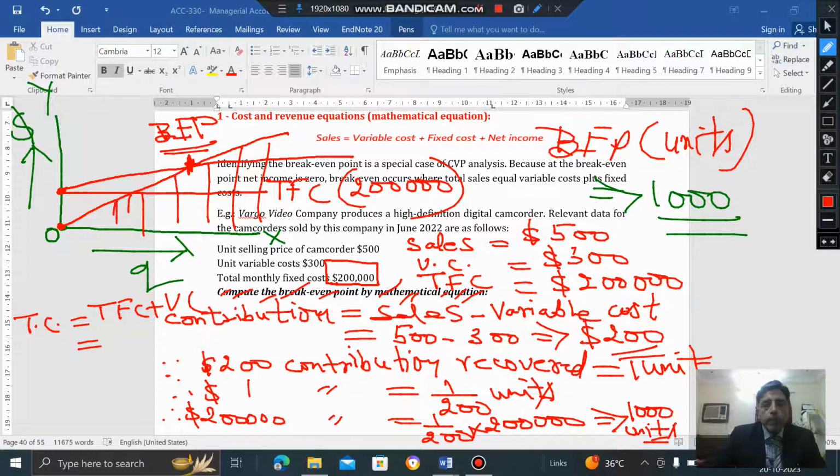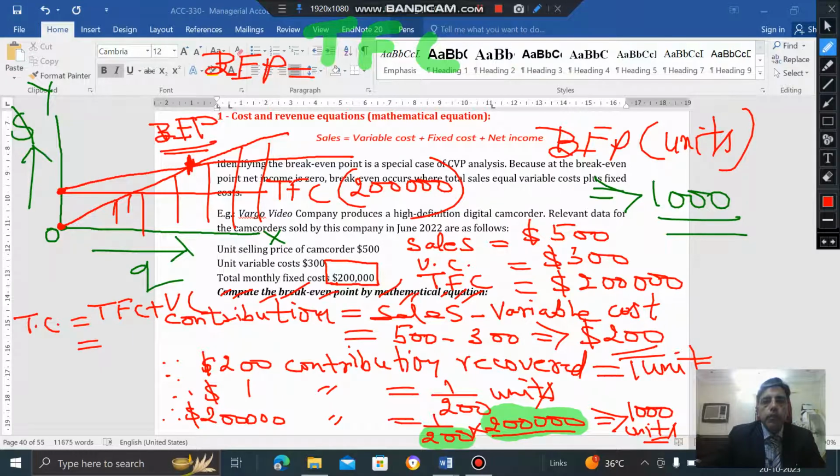Now quickly just see here the break-even point in terms of units. Come to this point, 200,000. What is this 200,000? It is the fixed cost. So you will write here total fixed cost. And what is this point? Denominator. This is your contribution.